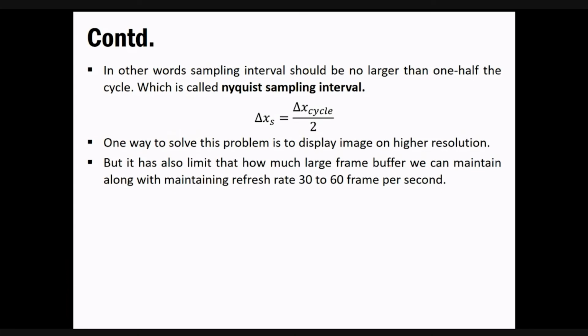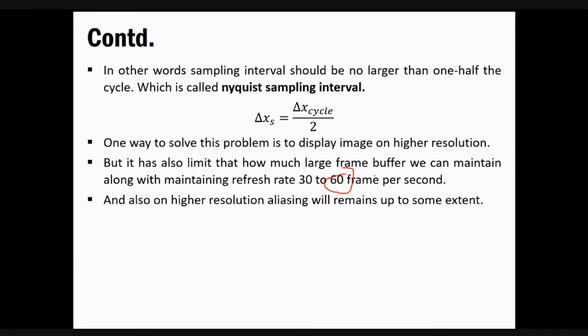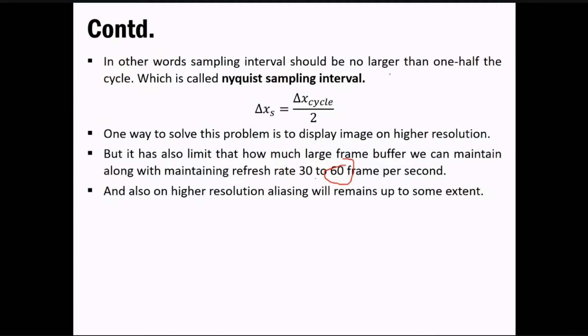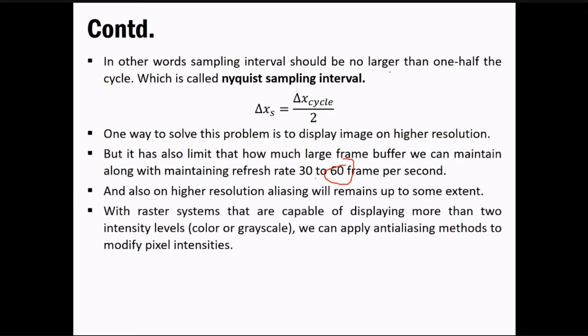But there is also a limit on how large a buffer we can maintain along with maintaining the refresh rate, that is 30 to 60 fps. Also, on higher resolution, aliasing will remain to some extent even if you are working with high resolution devices.